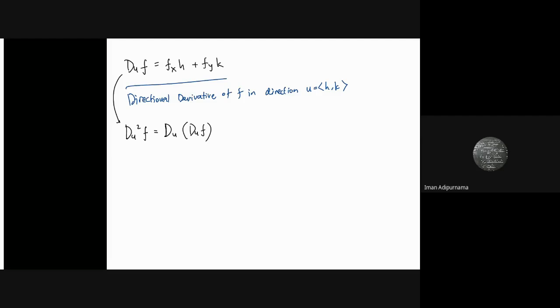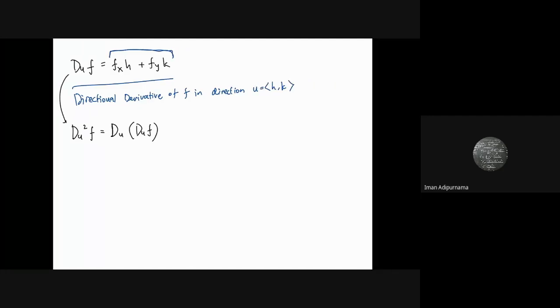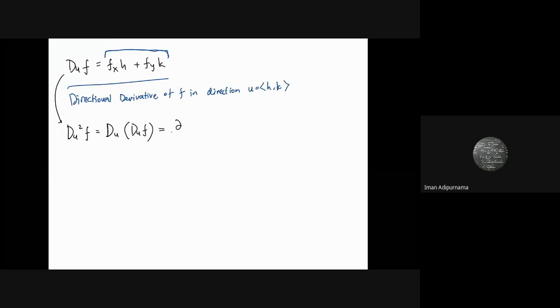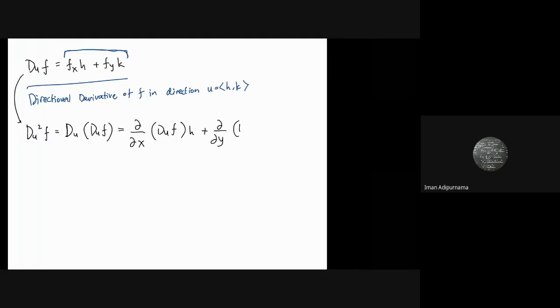So we derive twice with directional derivative, which means we need to take the derivative of this partial x, partial y, right? Then let me write, this is the partial x, directional derivative, and then h, and then plus the partial y, and then k.